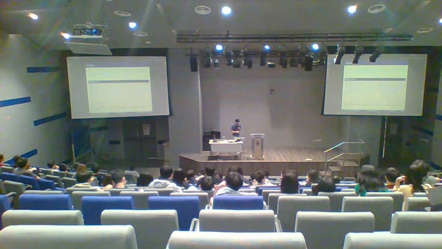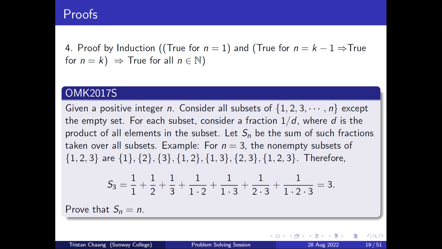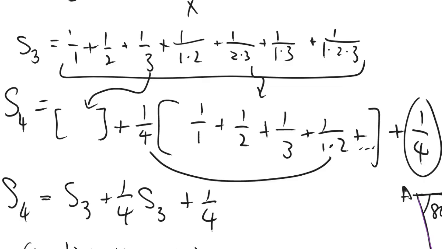Let's see. If you want to go from S3 to S4, S3 is 1 over 1 plus 1 over 2 plus 1 over 3, and then 1 over 1 times 2, 1 over 2 times 3, 1 over 1 times 3, and then 1 over 1 times 2 times 3. So this is S3.